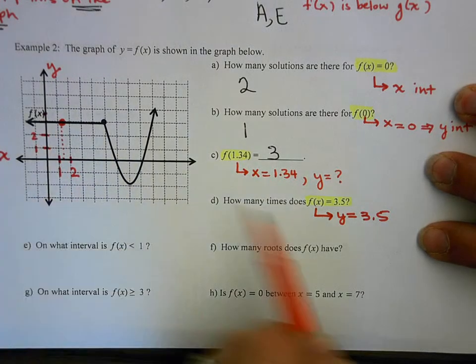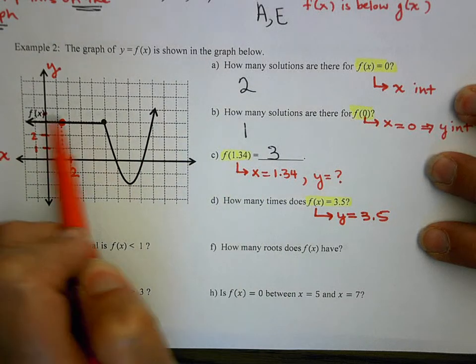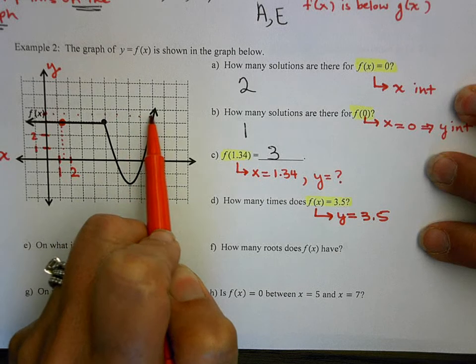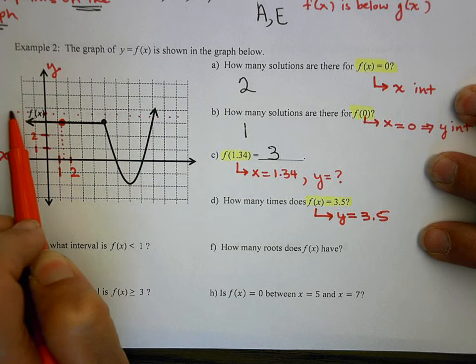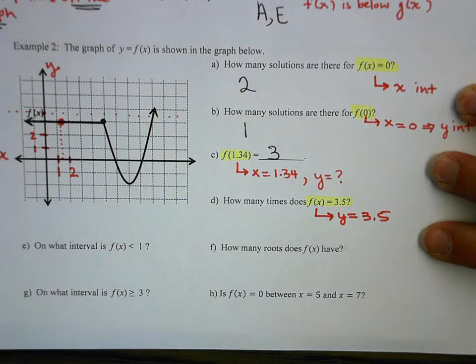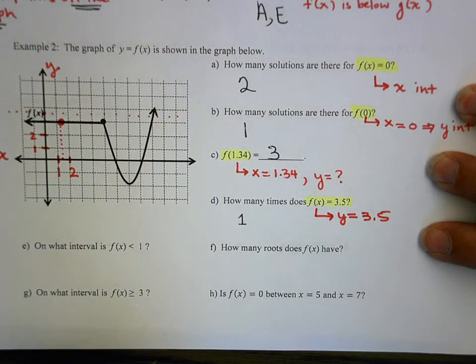So if I look to see how many times is y equal 3.5, I'm looking how many times does the graph go through that section there. And that is only going to happen 1 time, which is right here. So again, we're not looking for what x value, but how many, and so that would be 1.